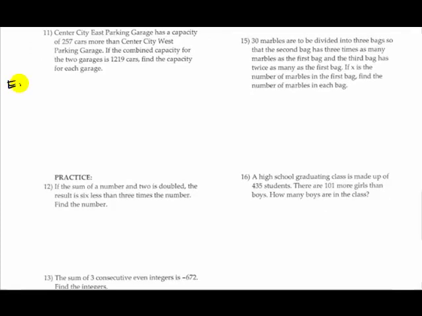So we have the east garage and the west garage. Who gets the letter? It's going to be the west, because we're comparing the east. We're saying the east has 257 more than the west. We're comparing the east to the west.